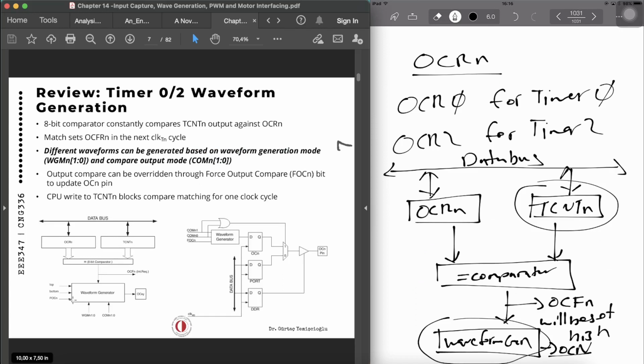So it constantly compares, and a match sets OCFn in the next clock cycle, and different waveforms can be generated based on the WGM and the compare output mode, which we are going to see in a minute. And output compare can be overridden through the force output compare bit to update the OCn pin, and a CPU write to TCNT blocks compare matching for 1 clock cycle.